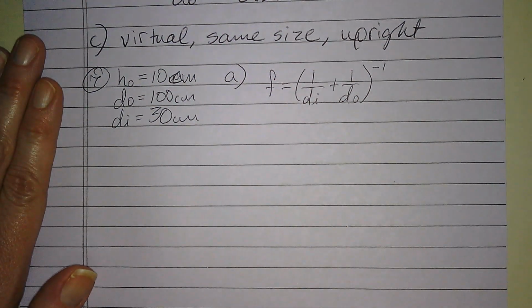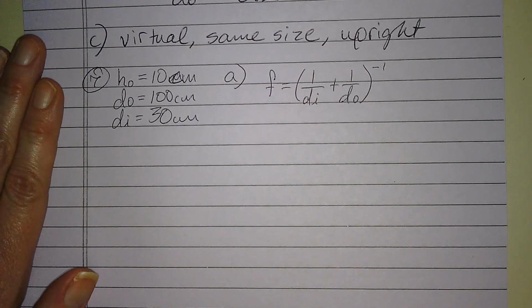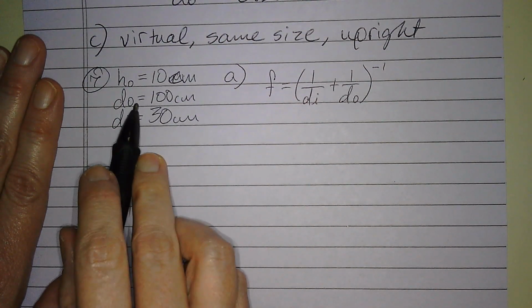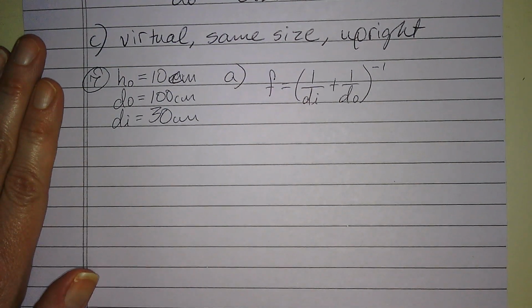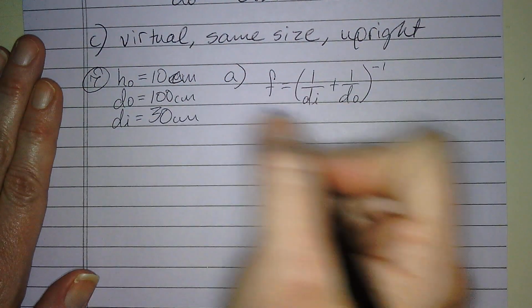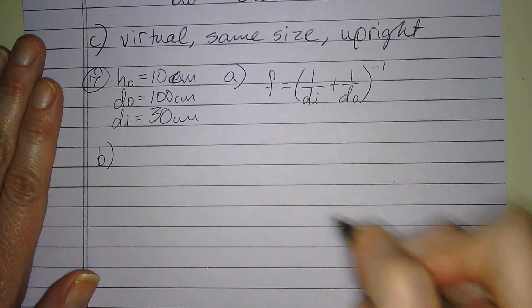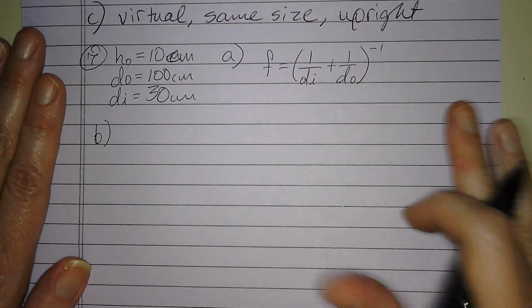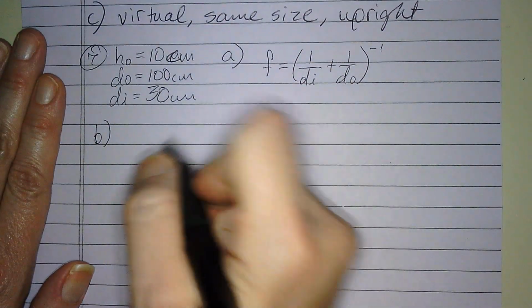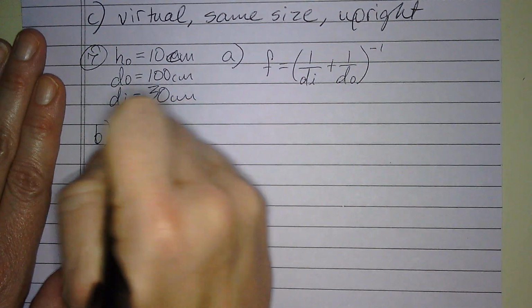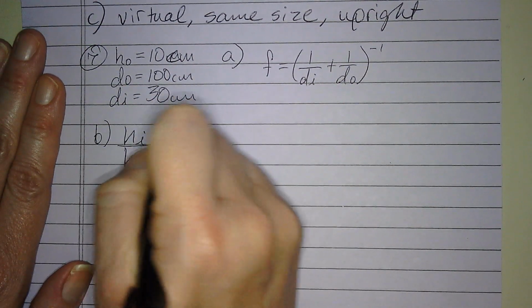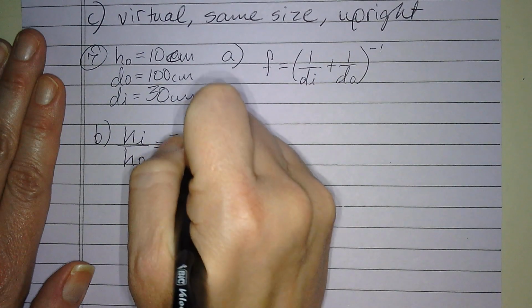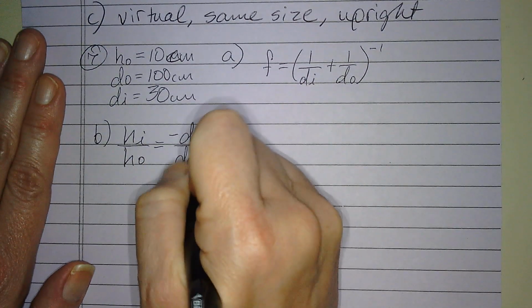And then part B, you want to know how tall is the image. Well, if you know DO, DI, and HO, you can find HI. For that one, you would use HI over HO equals negative DI over DO.